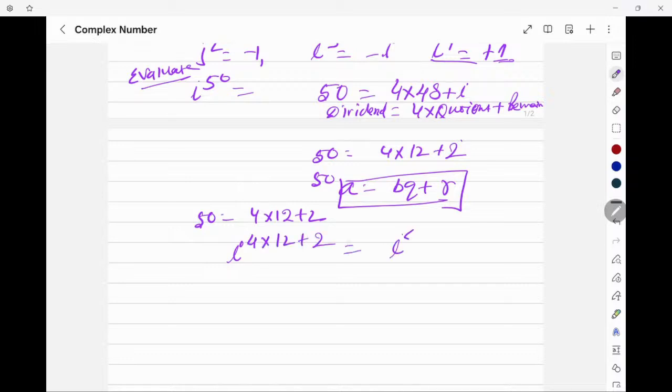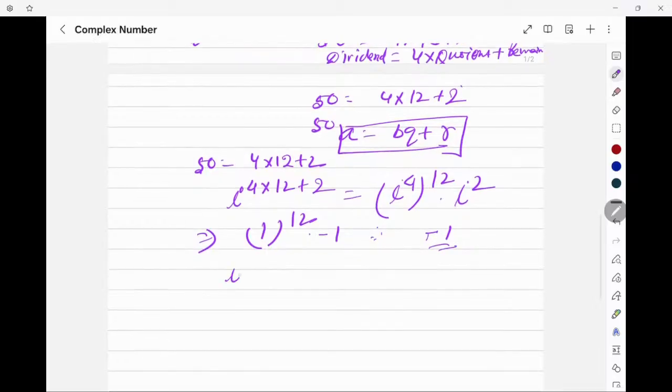We can write it as i to the power 4, whole to the power 12, times i square. Now 1 to the power 12 times i square is minus 1. Therefore minus 1 is the answer. So i to the power 50 is equal to negative 1.